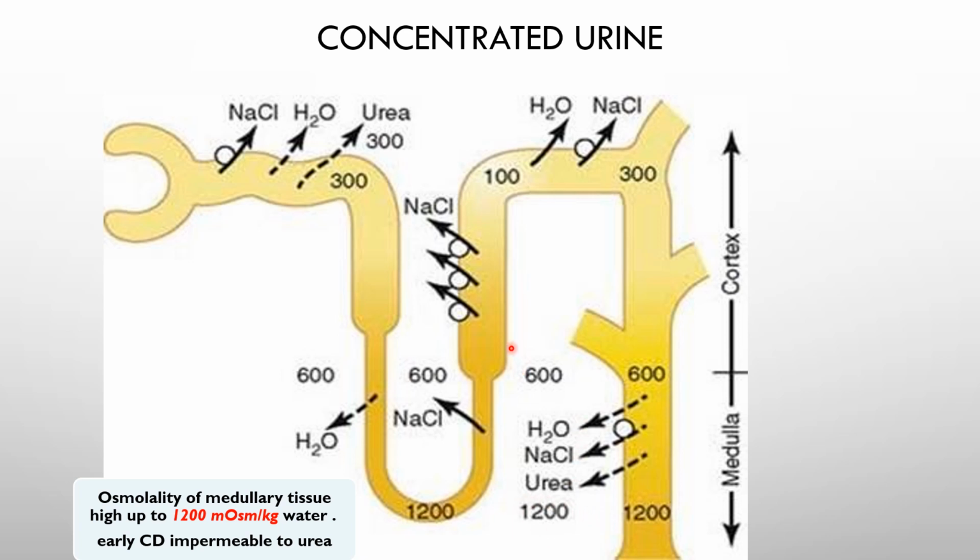Here the early collecting duct, that is the cortical collecting duct, is impermeable to urea. So antidiuretic hormone allows the passive absorption of water.